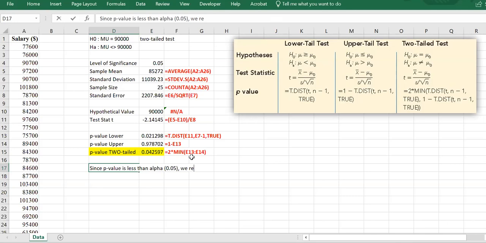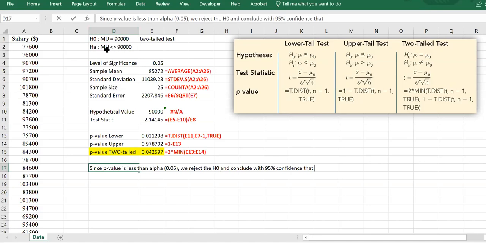In conclusion, if the p-value is less than alpha, we reject the null hypothesis and conclude with 95% confidence that, since we reject the null hypothesis, we take the alternative hypothesis.